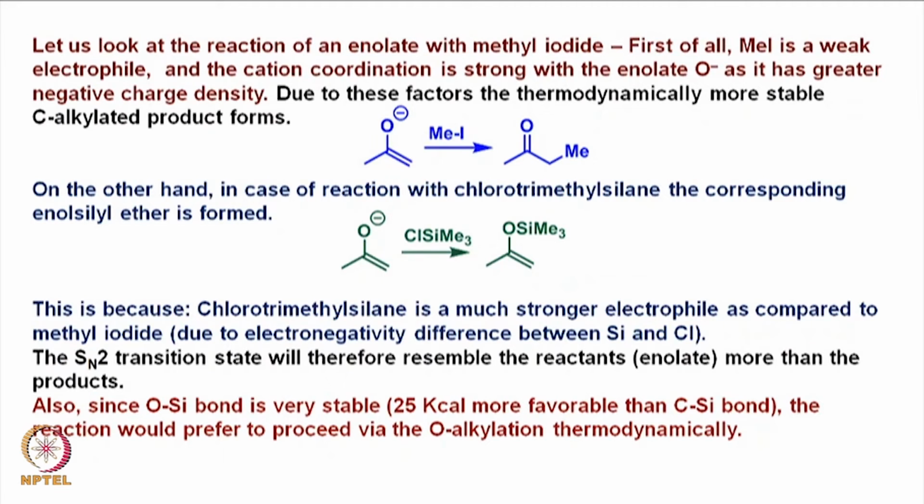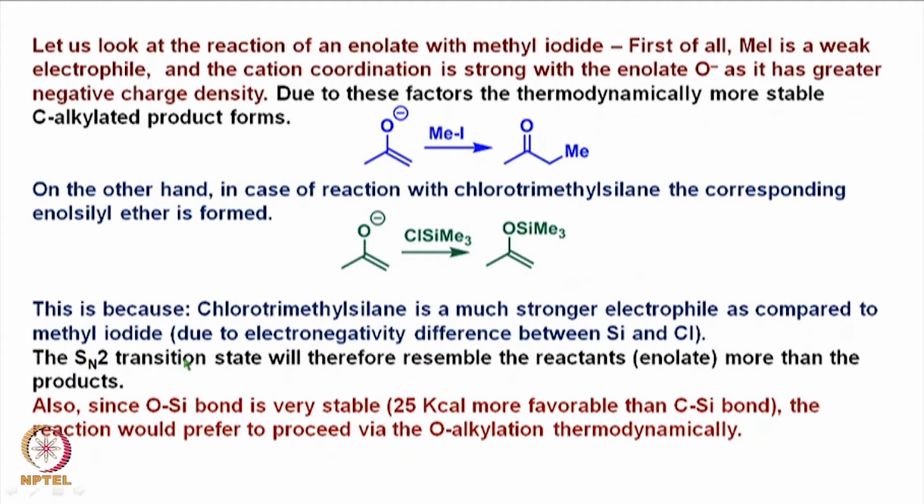On the other hand, in case of reaction with chlorotrimethylsilane, the corresponding enol silyl ether is formed as it is shown here, and this is because chlorotrimethylsilane is a much stronger electrophile as compared to methyl iodide due to the electronegativity difference between silicon and chlorine, and therefore as soon as the enolate is formed, the O minus reacts quickly with chlorotrimethylsilane to form the enol silyl ether.